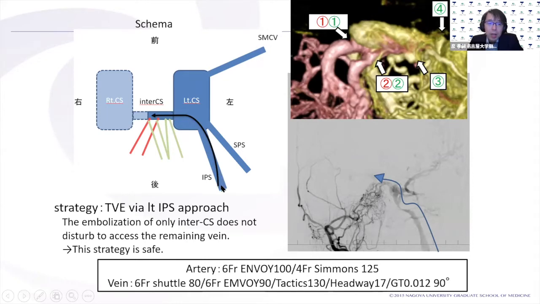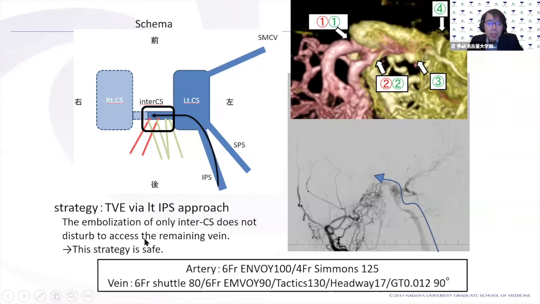And we can embolize only the intercavernous sinus via IPS. If we embolize, we can cure this disease. And this strategy does not disturb access to the remaining veins. So if the embolization of the intercavernous sinus fails, we can embolize these outlets, and sinus packing can be done.